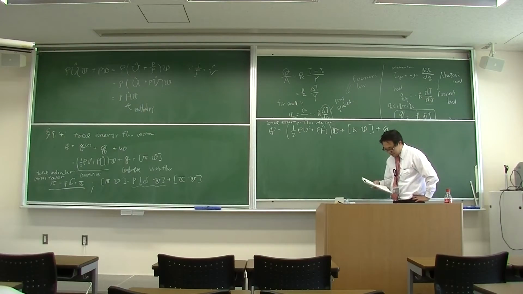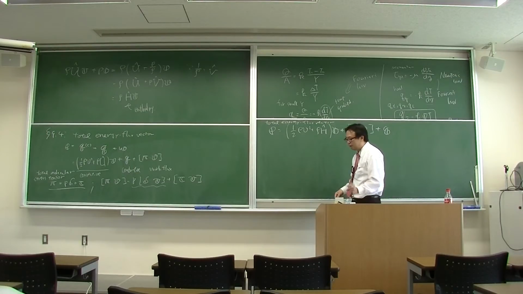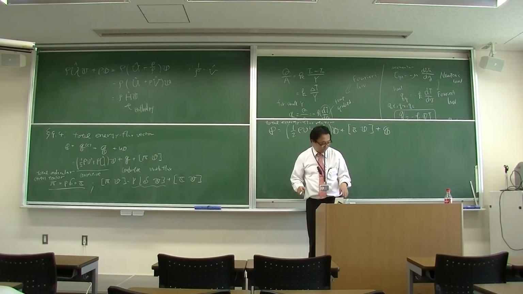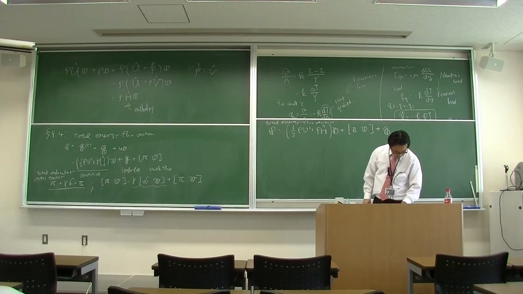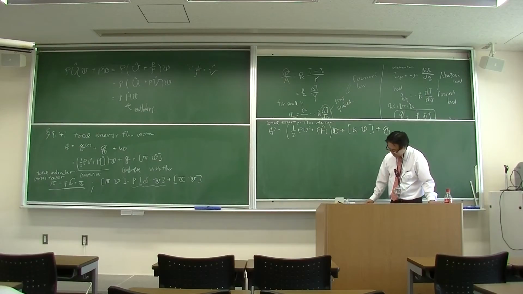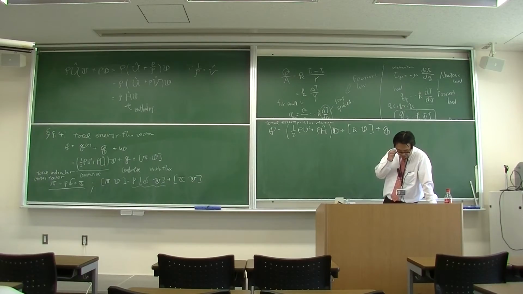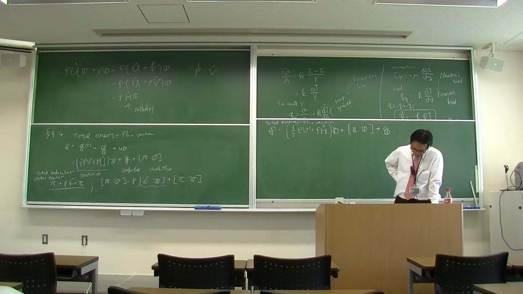Okay, so we have 30 minutes. So I want to skip the explanation of equations 9.4-3 and 9.4-4. And could you open the textbook again? That's section 9.5. There are lists of thermal conductivity from experiments.